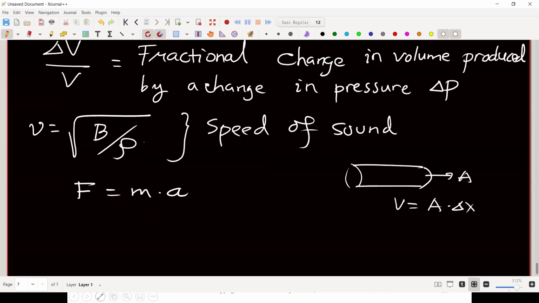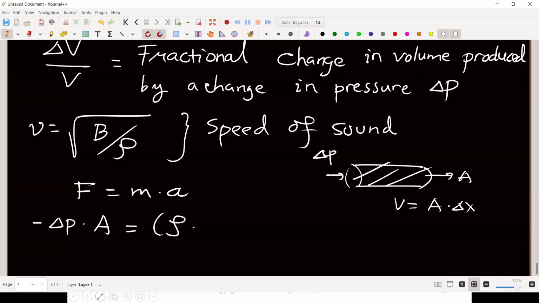Okay, so it's volume, and then there is a pressure, delta P. Okay, so F is delta P times A. Can use minus delta P times A. A is the area of the side, yeah. And then mass is rho times volume.